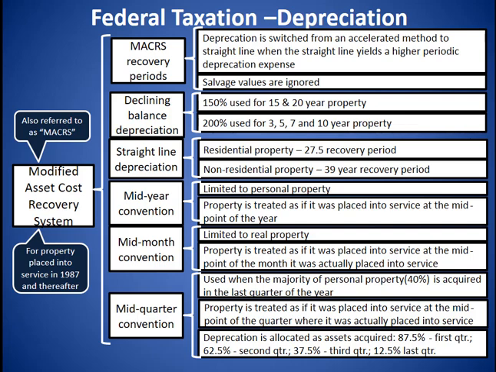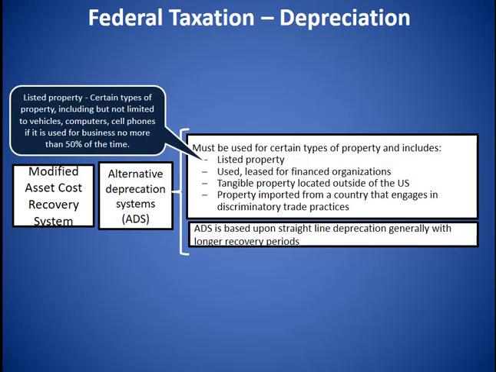Now there is another feature in the MACRS system that you may be asked a question or two about, and that is called the alternative depreciation system. The alternative depreciation system can also be referred to as ADS, and there are certain instances where certain types of property must use it.